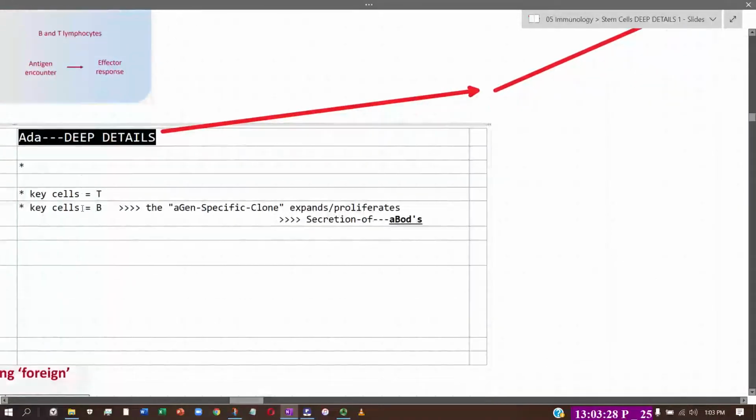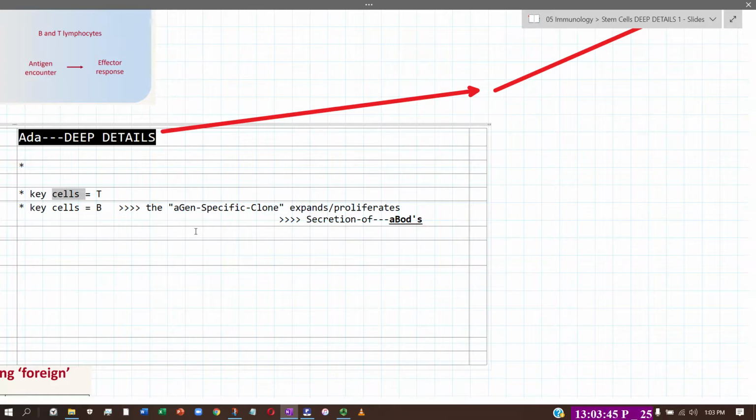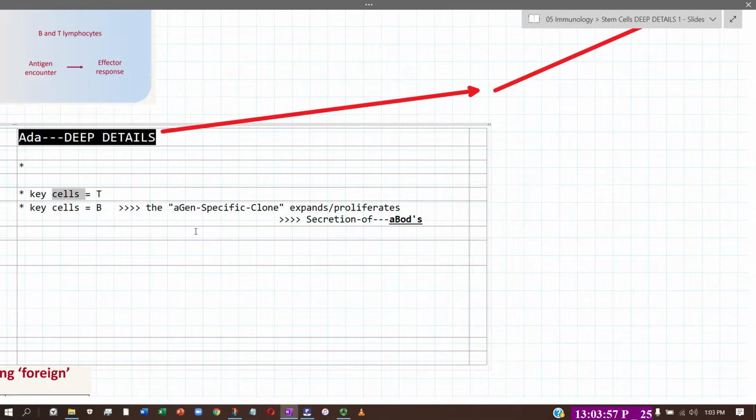So here the details are pretty limited. The key players for adaptive immunity are T cells and B cells. So for the B cells, by the way, when I write A-gen, that means antigen.